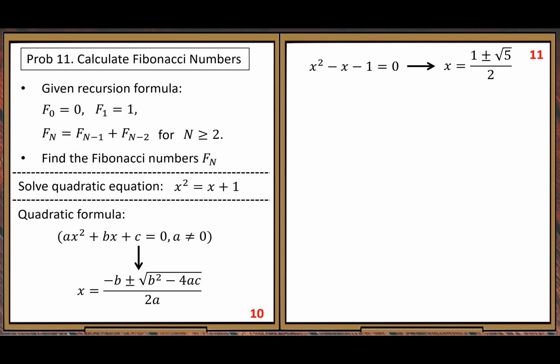That should be a positive number, so we drop the negative number. 1 minus root 5 is negative, so we drop it. So this special number is called the golden ratio, approximately that.